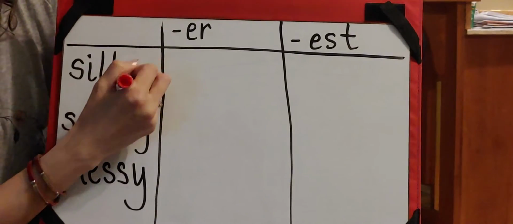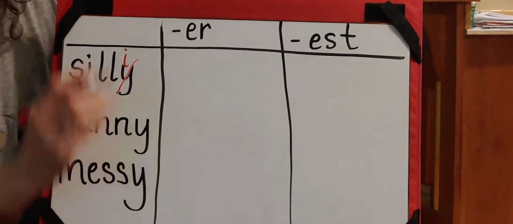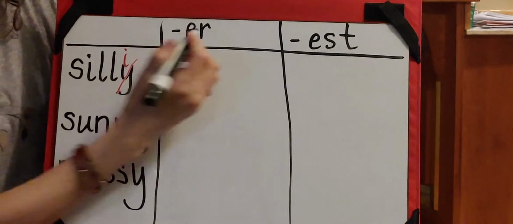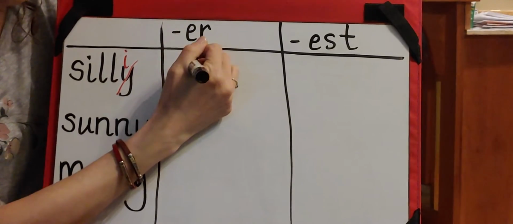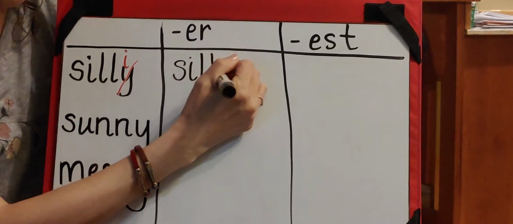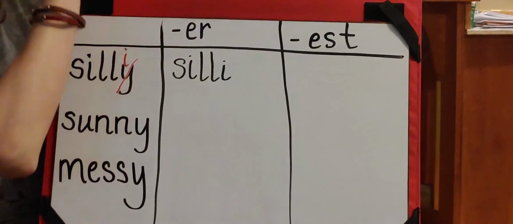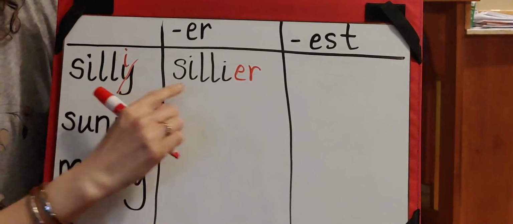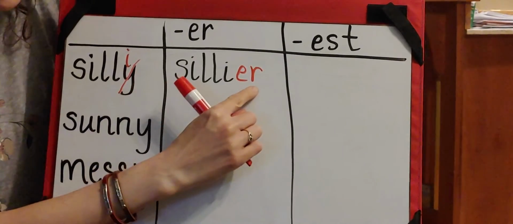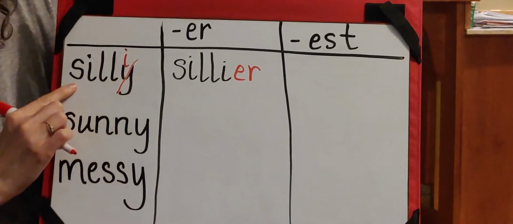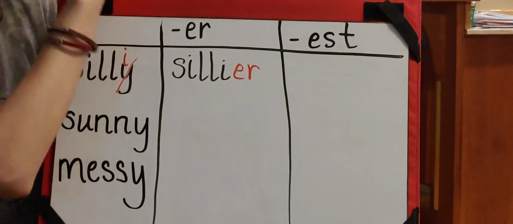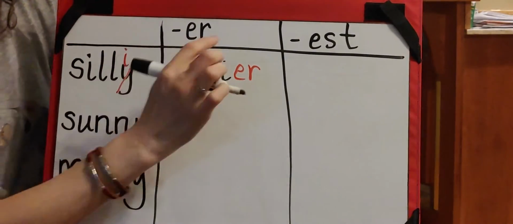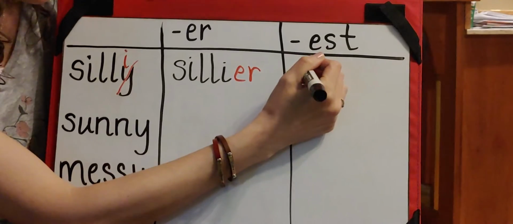We're going to change the Y to an I. So let's write the word silly with an I. And then we're going to add our ER sound to the end. So now we have sillier. Okay? And then we're going to do the same thing to add EST. We're going to write silly with an I at the end.